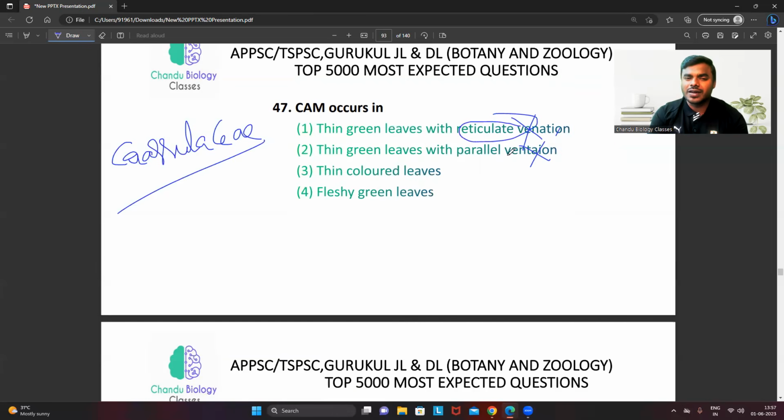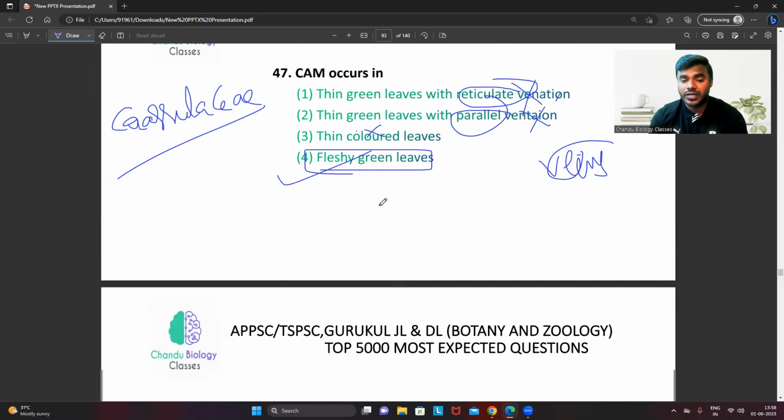What happens if it is a reticulate venation? What happens if it is a parallel venation? There is no role of venation first of all. So it doesn't matter what the colored leaf is here. CAM occurs in a fleshy green leaf. That's common, because the fleshy green leaf contains the chlorophyll which undergoes the process of photosynthesis. So CAM plants have to show photosynthesis. The answer is very straightforward: fleshy green leaf. Not to confuse.